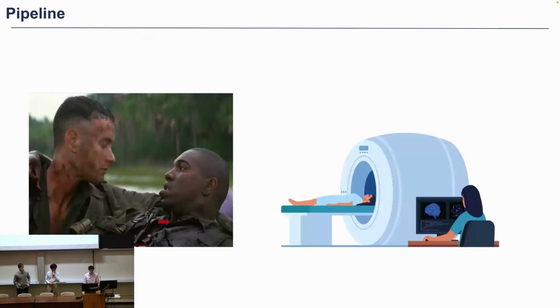We are using the Forrest Gump dataset. For those who may not know, this is a public fMRI dataset that captures brain images of 20 different subjects as they watch the movie Forrest Gump. The dynamic and continuous narrative of Forrest Gump elicits spontaneous emotional reactions from subjects, which are crucial for the model to learn how we process emotions naturally.